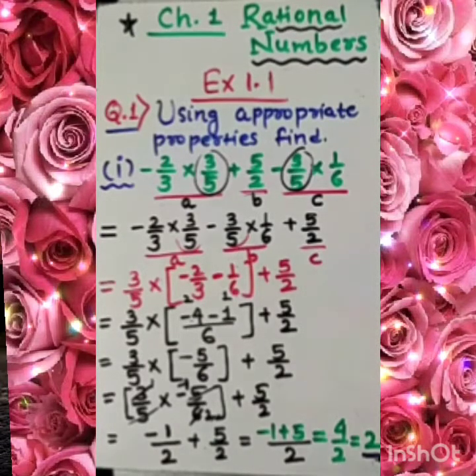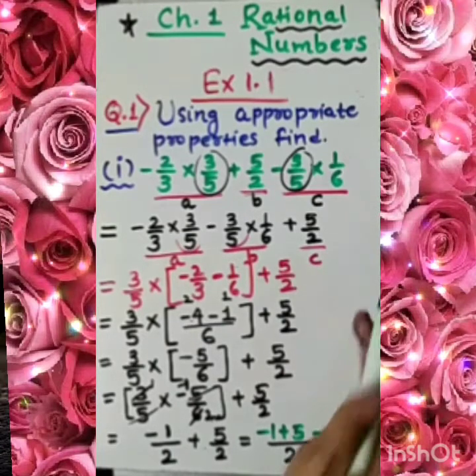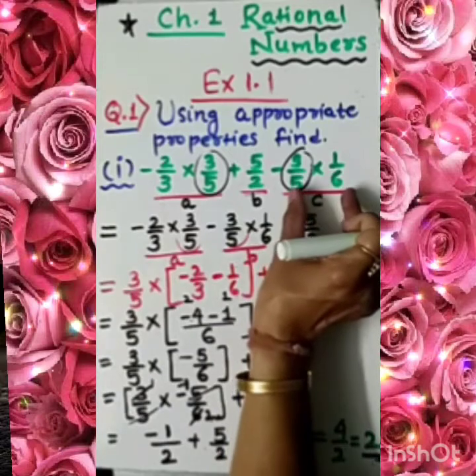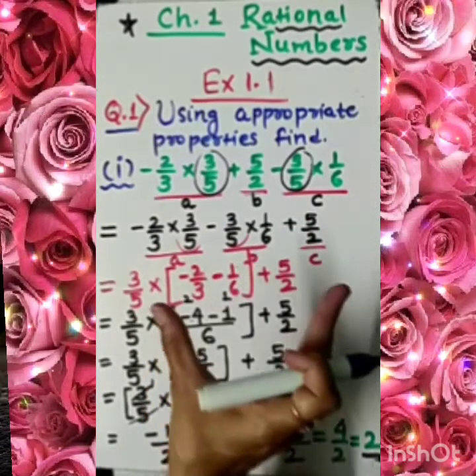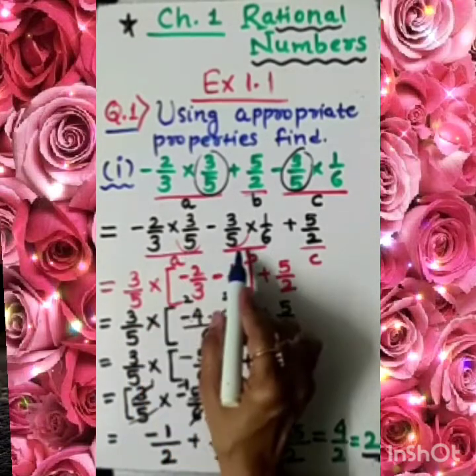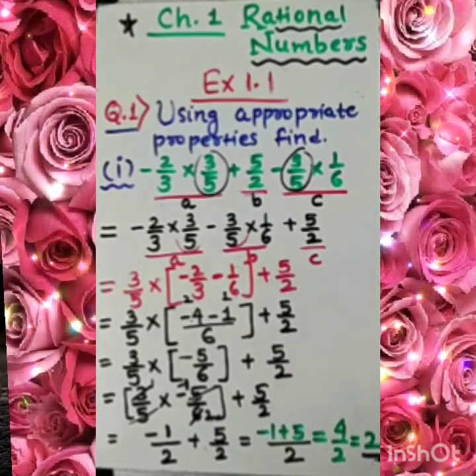Property we already applied. But which property have we applied? I am mentioning it here side by side now. As you have seen, dear student, these two terms I put together, means I have made their group, and the grouping property is called associative property.